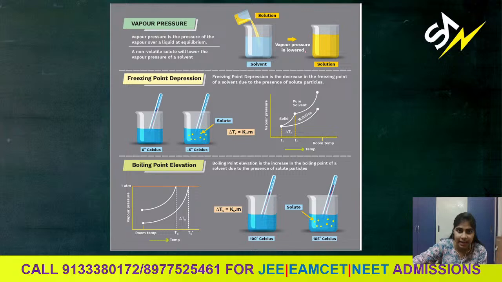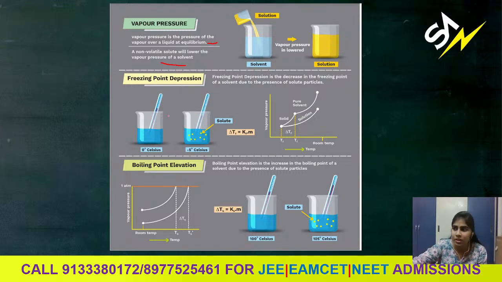When solution is added to the solvent, what happens? Vapor pressure is the pressure of the vapor over a liquid at equilibrium. This is the definition of vapor pressure. If a non-volatile solute is added, this will lower the vapor pressure of the solvent. That is the relative lowering of vapor pressure.